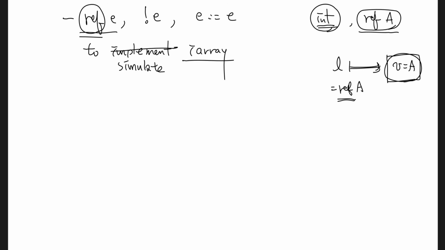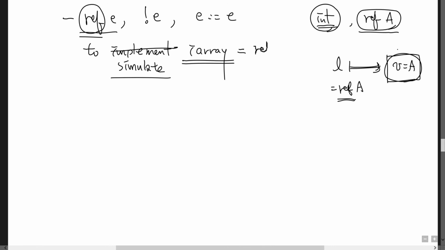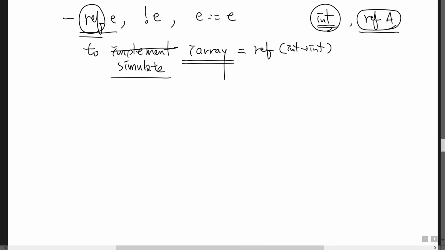So the goal now is we'd like to simulate this integer array type. The idea is we simulate this integer array with a reference of type integer arrow integer, where the first integer is an index into the array, and the second integer is the content of the array.